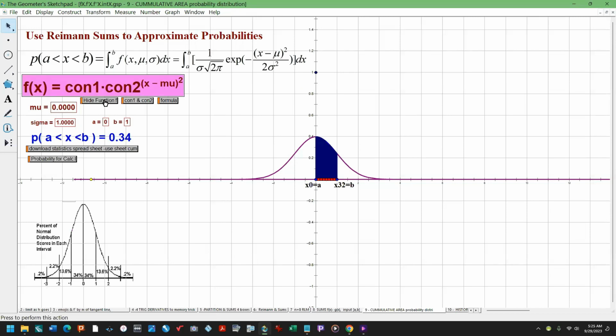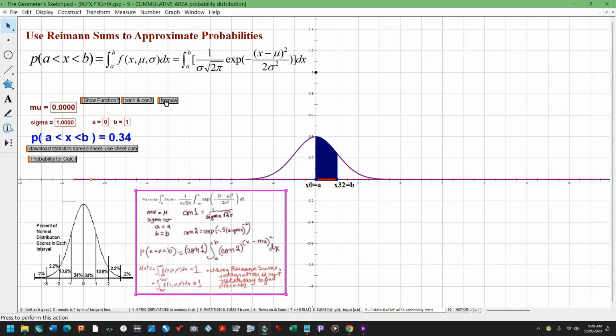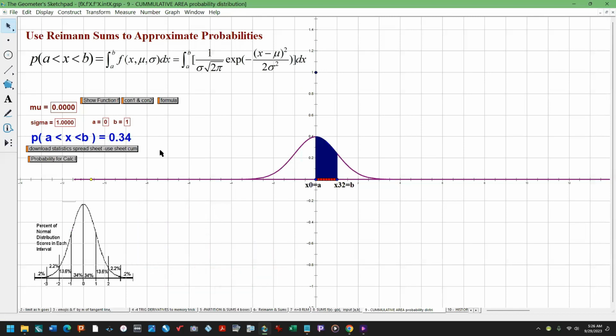If you need to see it, there's what one piece looks like. That's another piece, and that's the formula that you'll see up here. I can get rid of that. I have a spreadsheet that does the statistics. I'm not even going to bother with that for this talk.